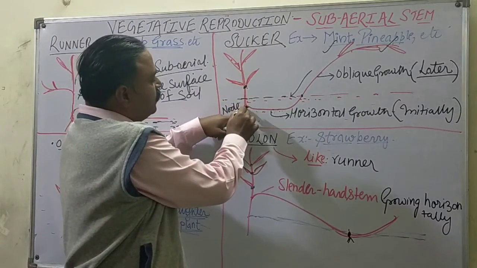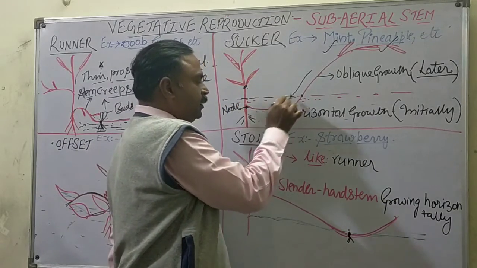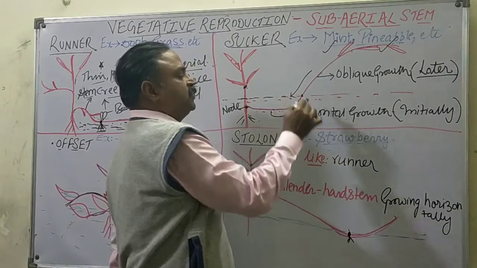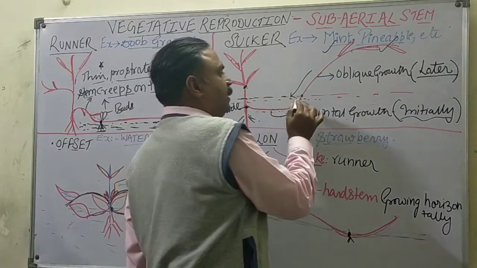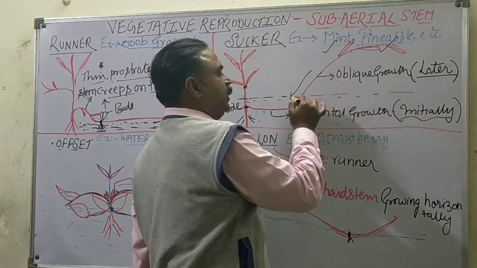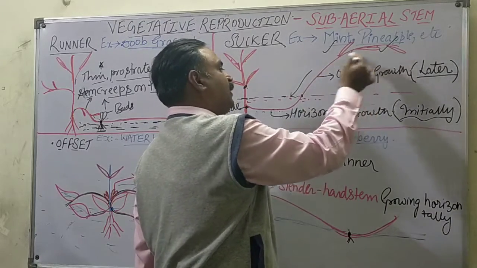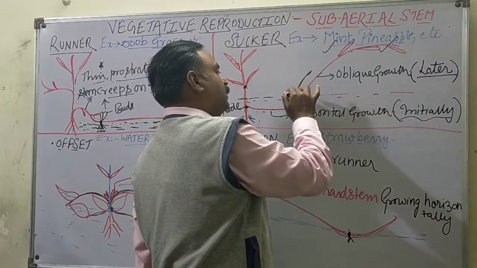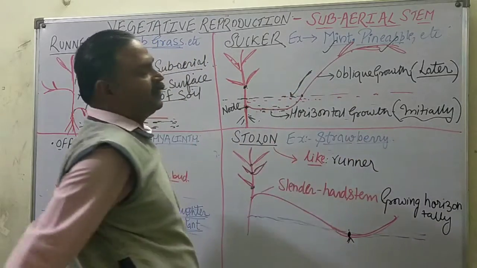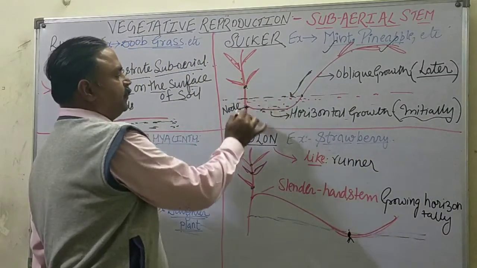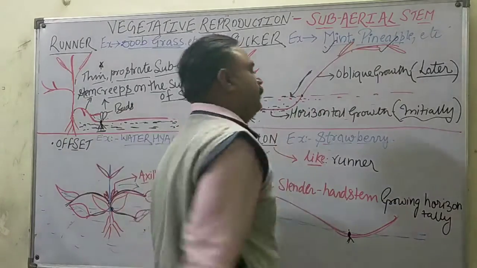But the node below the surface of the soil first grows horizontally, then later on it becomes oblique. During the growth of the oblique stem, it absorbs nourishment from the soil as well as from the parent plant. The best example is mint.